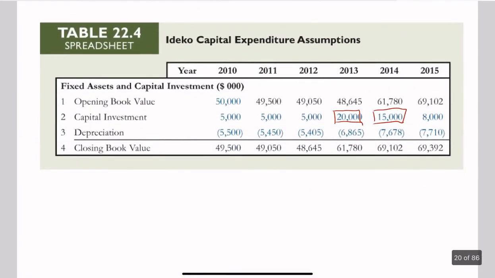And to be more specific, we assumed the capital expenditure in 2013 and 2014 would be given by these two numbers. So basically, you can see that this firm will spend a much larger amount compared with previous years because of the need to expand its production capacity.